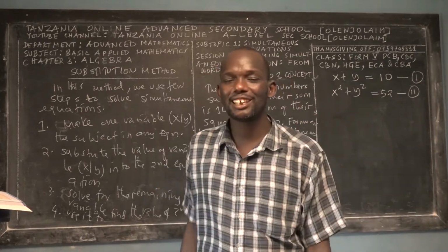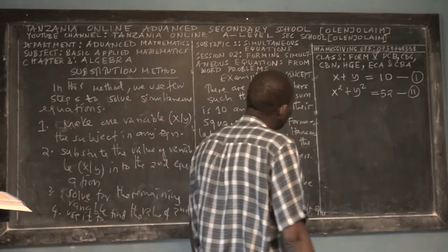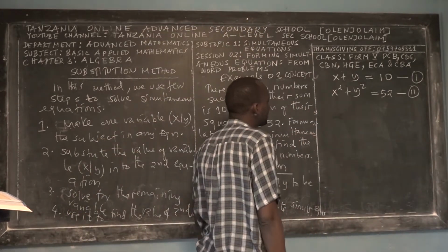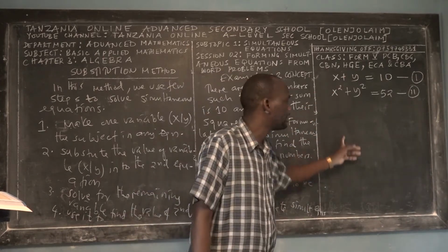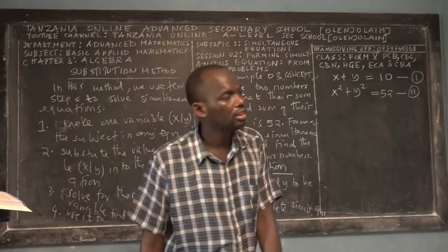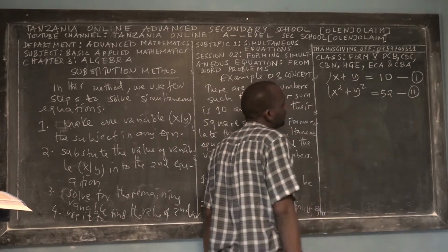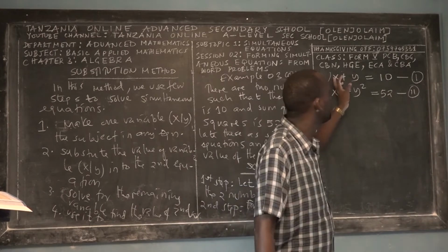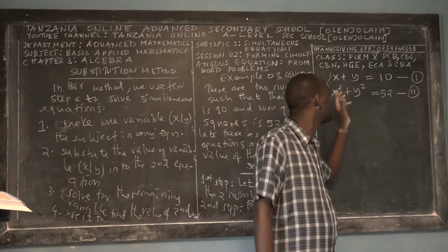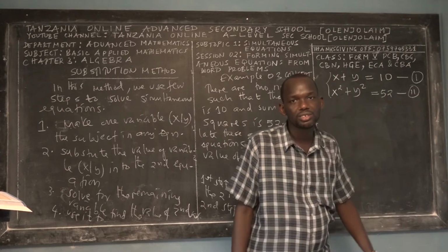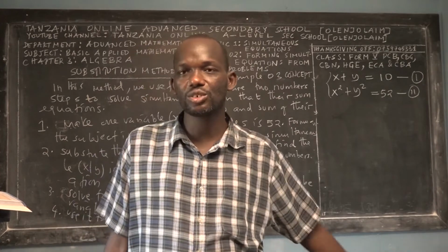You know what the next step is? Now we have to solve to find the value of x and y. As I said, the elimination method is not effective here. Why? What number should you multiply the first equation or the second equation by in order to have the same terms of x, or the same terms of y, so you can eliminate either x or y?